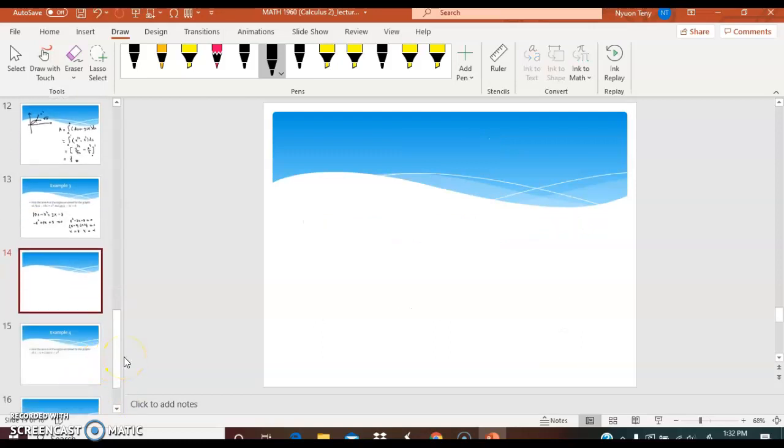If we graph this, we're going to get a function that looks like this. You can use your graphing calculator.